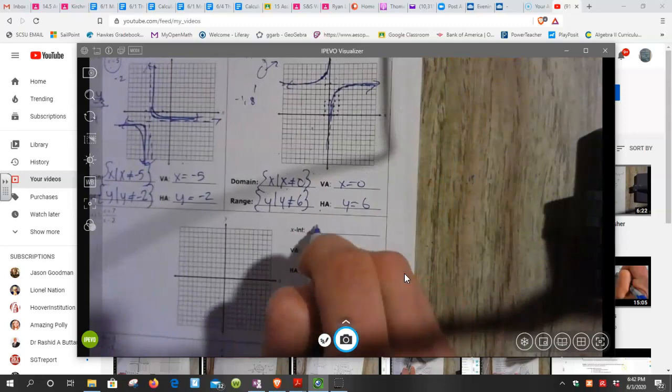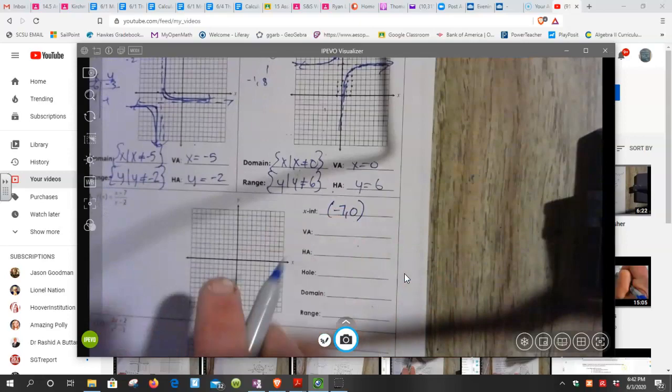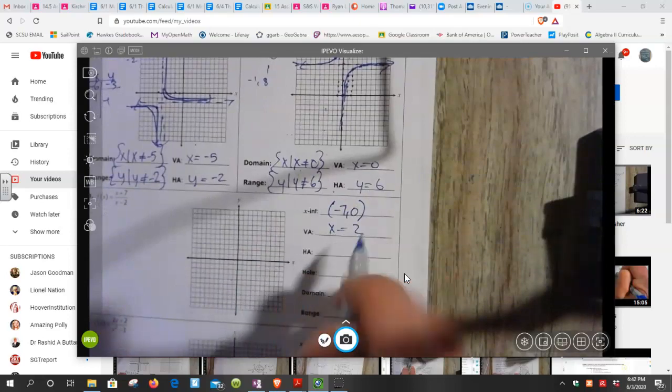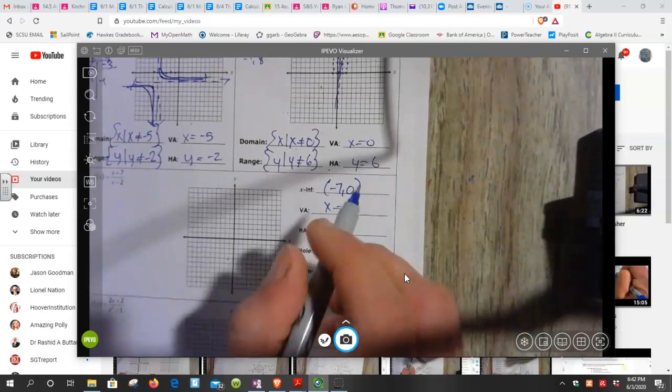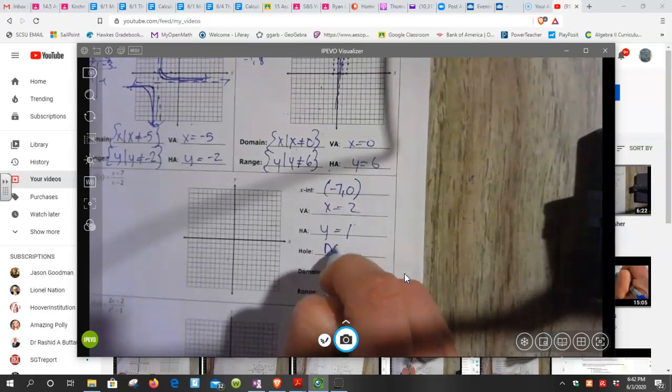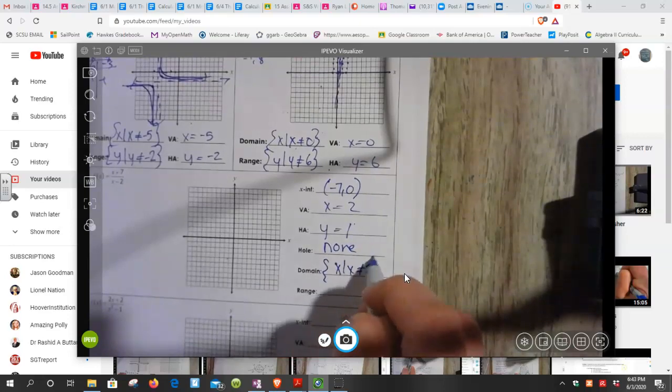X-intercept is going to be -7, 0. Vertical asymptote is going to be x equals 2. Horizontal asymptote y equals 1. We're going to have no hole. The domain is going to be x such that x does not equal 2.